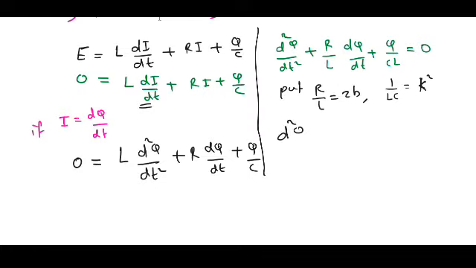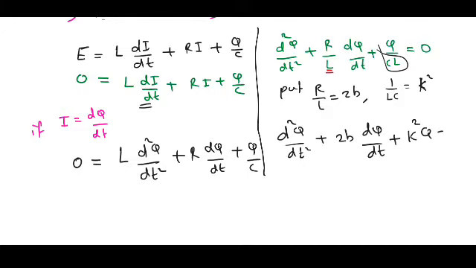Therefore, this can be written as d²q/dt² plus, instead of R/L, we will substitute 2b into dq/dt, plus, instead of 1/CL, we will write k², is equal to 0.